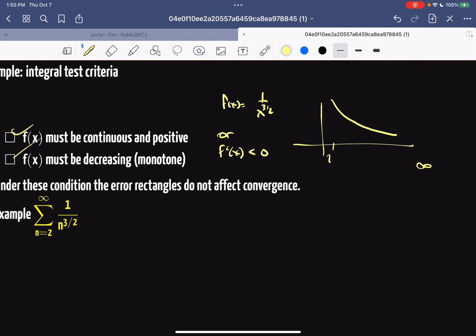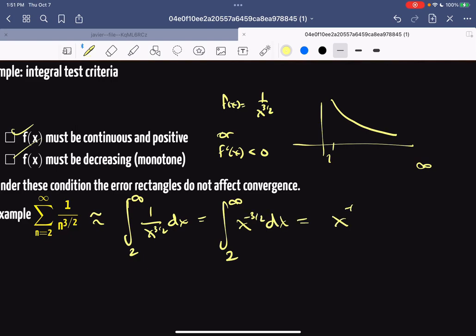So therefore, this guy behaves exactly the same as the integral from 2 to infinity of 1 over x to the 3 halves dx, or the integral from 2 to infinity of x to the negative 3 halves dx, or x to the negative 1 half divided by negative 1 half.